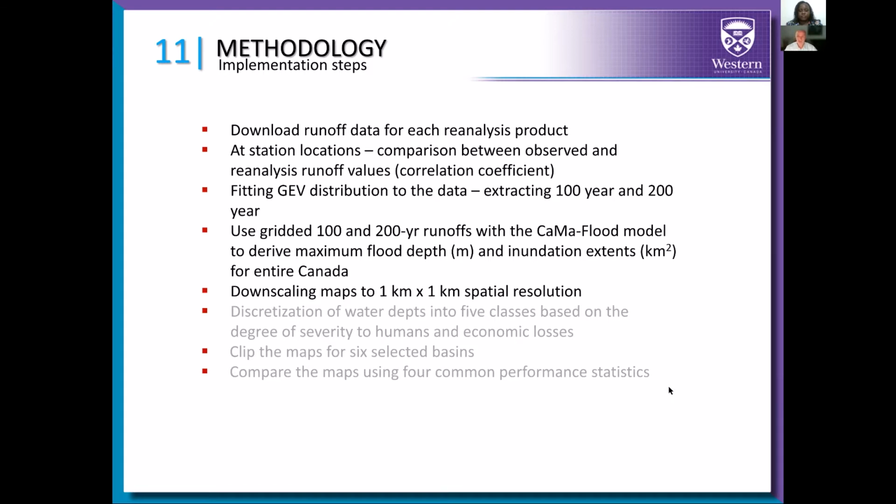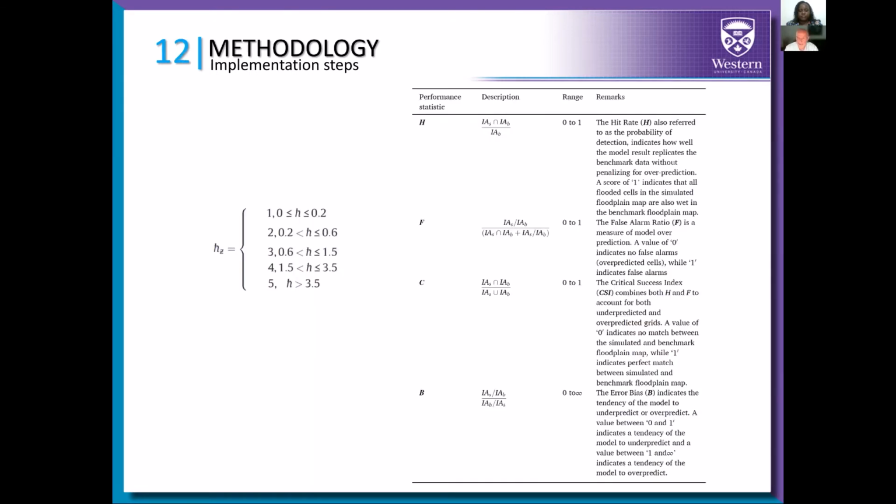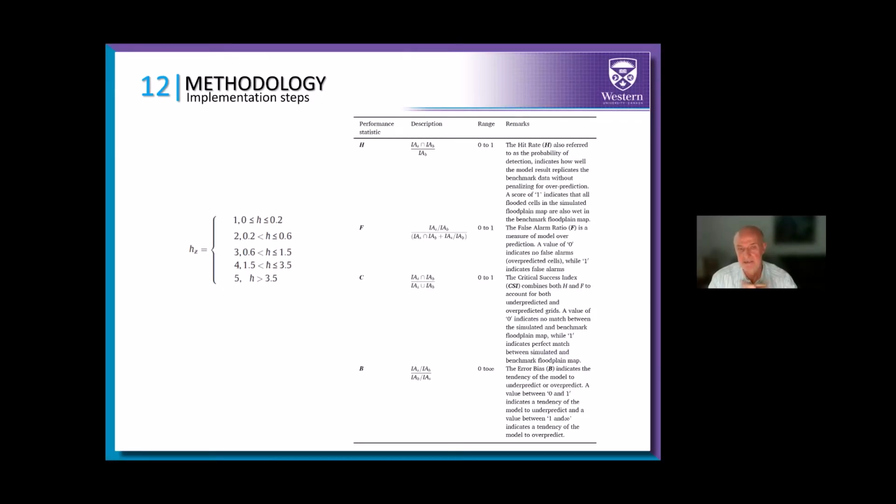The evaluation is done by dividing the water depth into 5 different categories, from low to high, as well as using 4 different statistical or performance criteria that compare how good the model results are compared to some benchmark values. And in our case, the benchmark values are the maps in the 6 different basins.